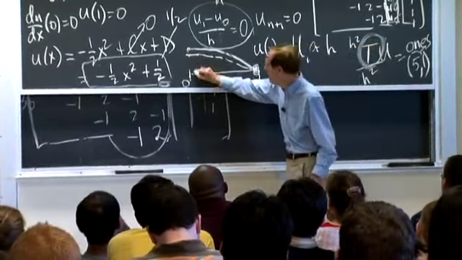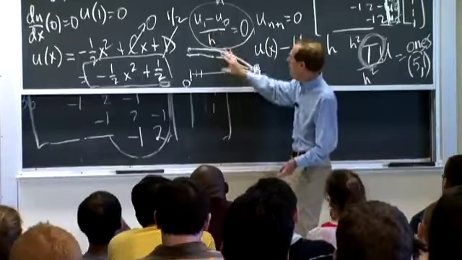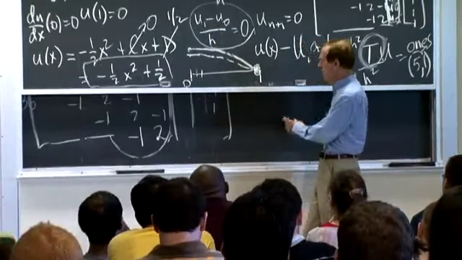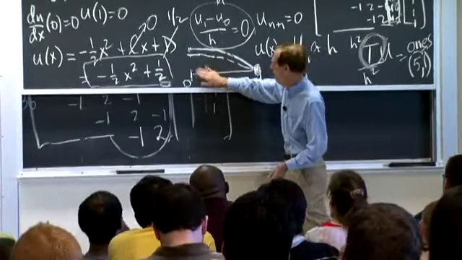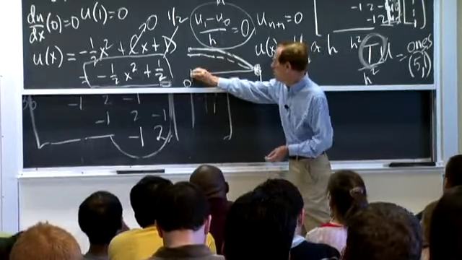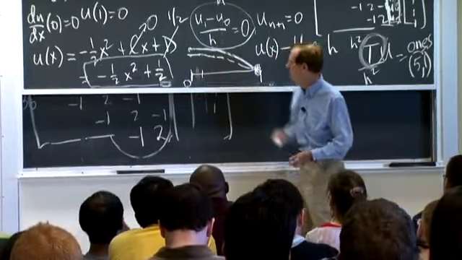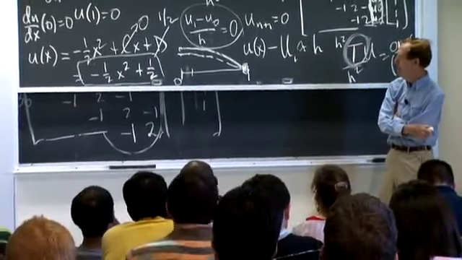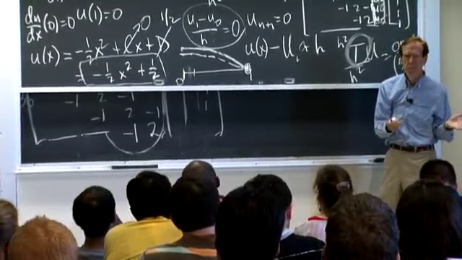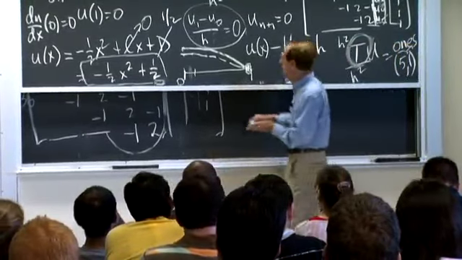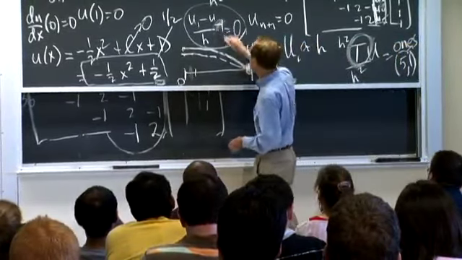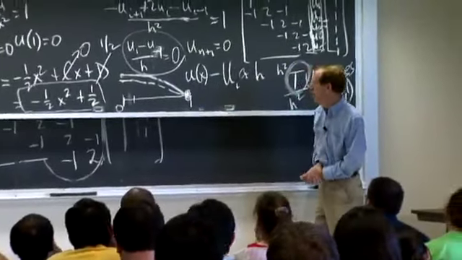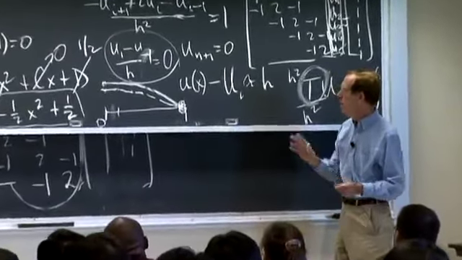If I was looking at a point halfway between, that would be a centered difference, and it would be good. But we're not looking there. I'm looking here. So what do you suggest I do? Well, I've got to center it. Essentially, I'm going to use u minus 1.